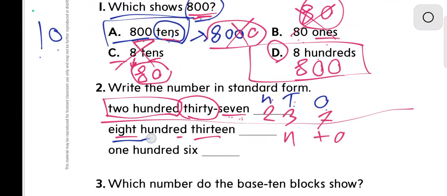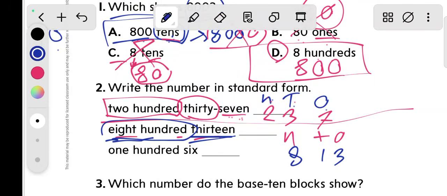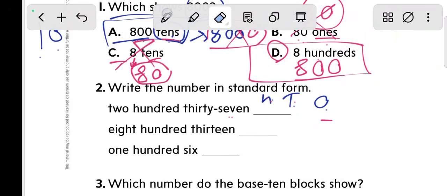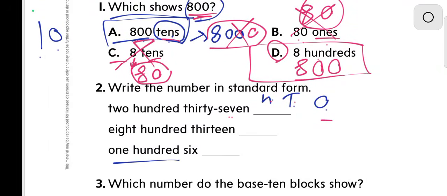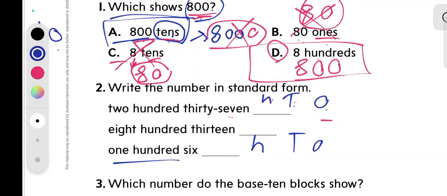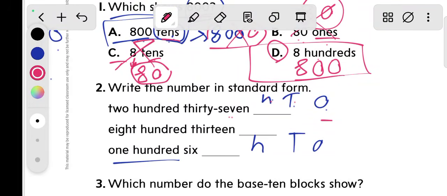He said 800, right? So in the hundreds place we have to put 8. 13. How can we write 13? 13 means 1 and 3. So this is 813. Okay, let's practice more. 106. Put HTO. It's 100, right?